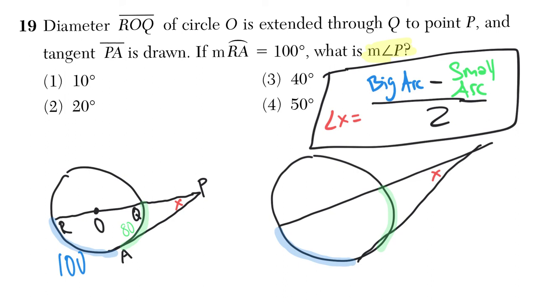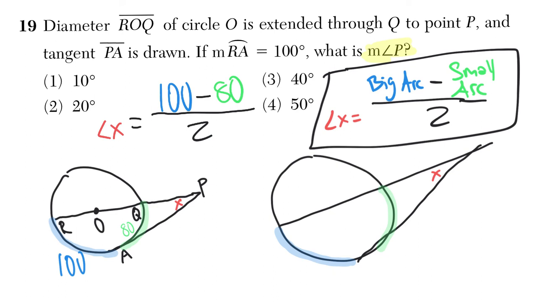And so let's apply this formula. So it's going to be angle x, which is what we're looking for, equals 100 minus 80. And I know 100 minus 80 is what, 20. 20 divided by 2 is 10.